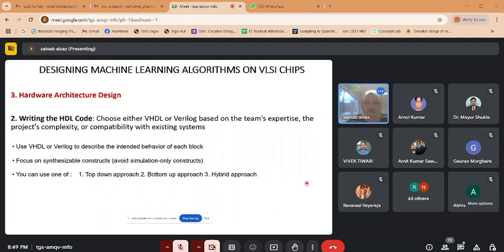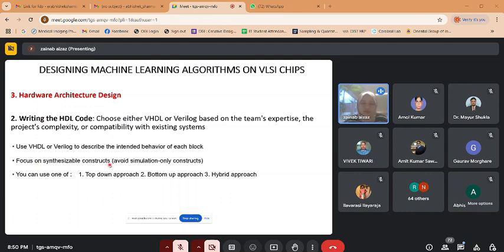Now, when we start to build our system, our machine learning hardware, we write the HDL code, right? We use that language to describe the behavior of each block. And the most important thing is that in any of the languages, in VHDL and Verilog, there is a set of synthesizable constructs.